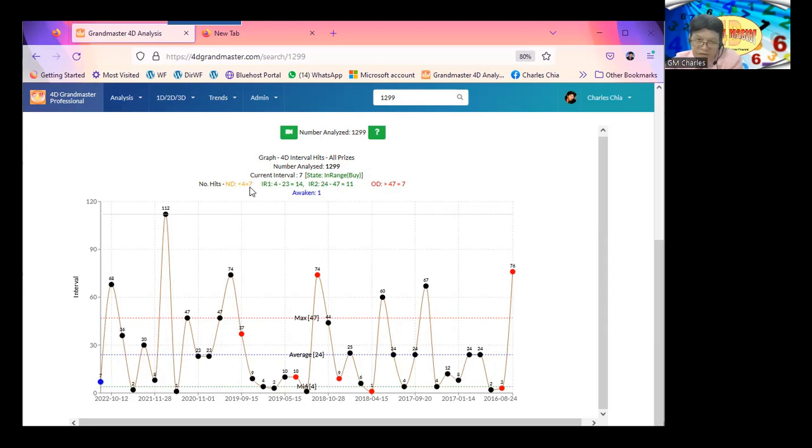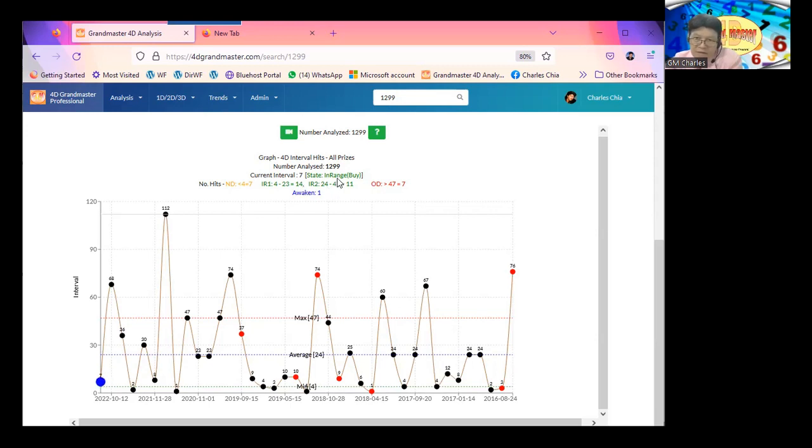Then in range 1, from interval 4 to 23, that means IR1 they call it, got 14 hits. Then IR2, which is the upper range, average to maximum, total hits is only 11. So compared to this, IR1 got more hits, right? So you should go for IR1 now.